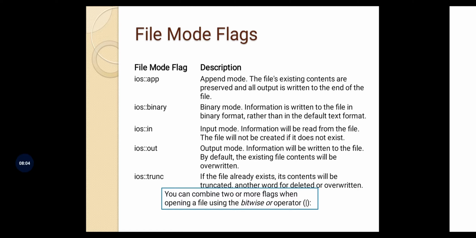So how do you do that? Suppose you want to use binary mode along with the input mode, where you're going to read. Then you have to use ios::binary, then the bitwise operator, and then write the other mode. So you can combine multiple modes in the second argument.